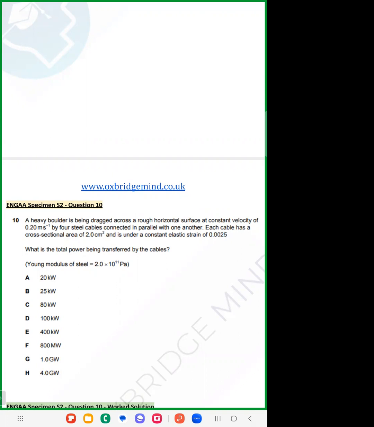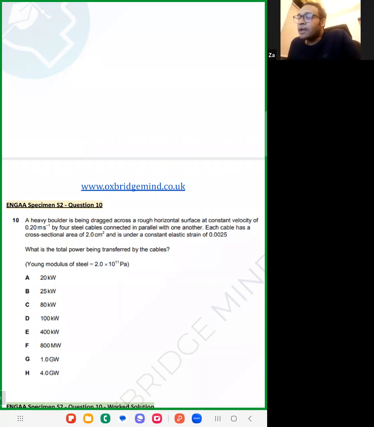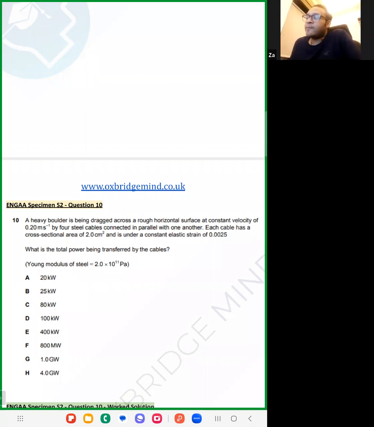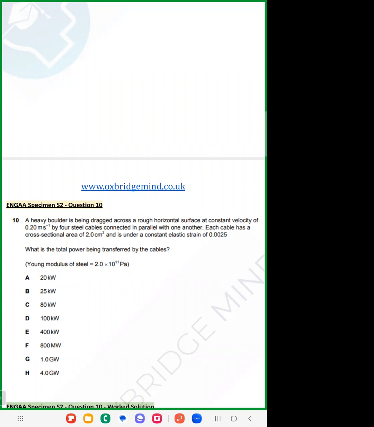I think I divided by something wrong in the middle. Let me just redo it. Have you converted the area to meter square? Yes. 2 into 10 raised to power minus 4, right? What is the tension value you are getting? I was doing strain.